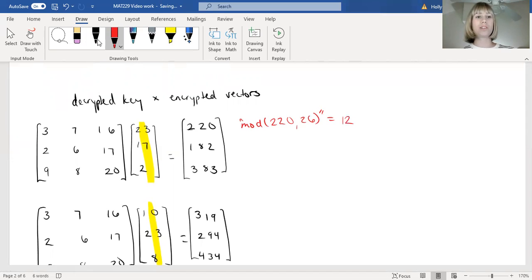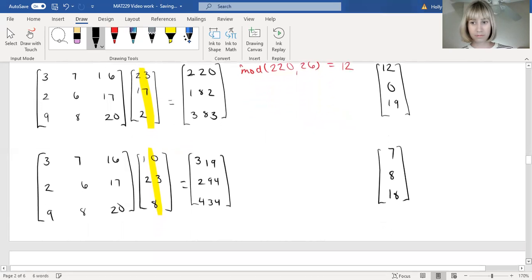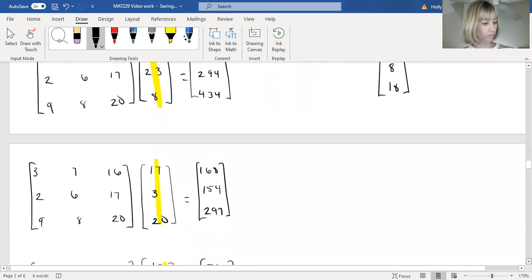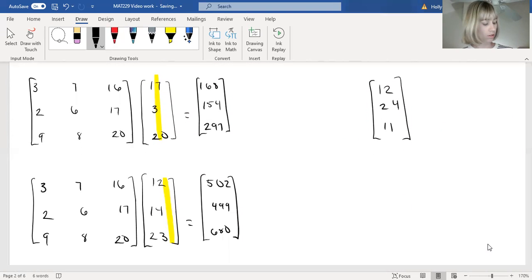If we went through each one and did the mod calculation, we would get 12, 0, 19, 7, 8, 18, 12, 24, 11, and 8, 5, and 4.